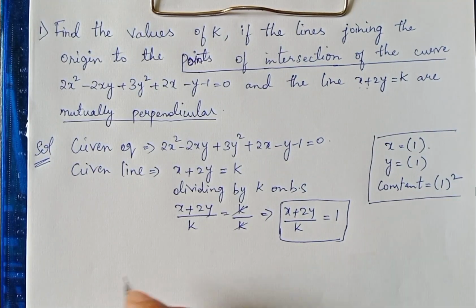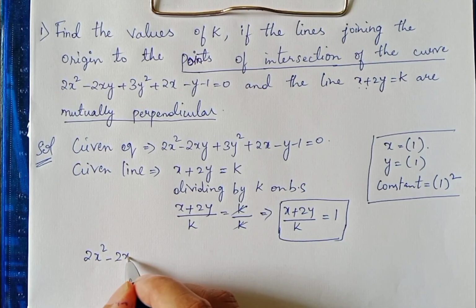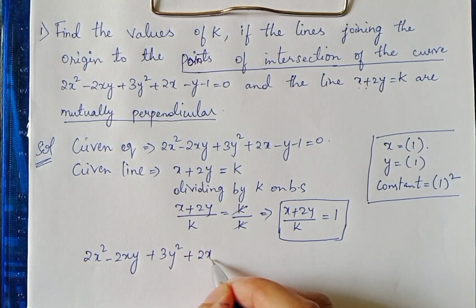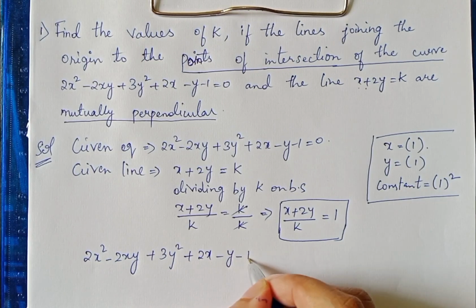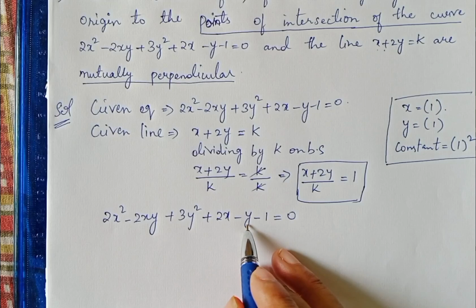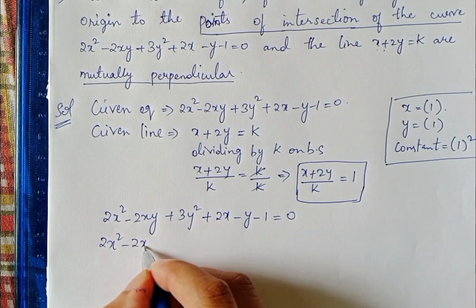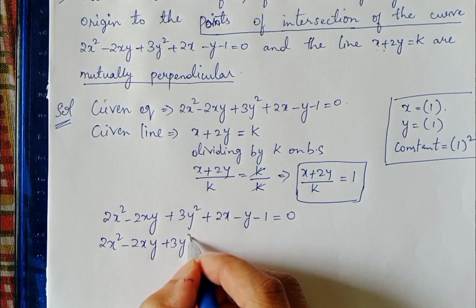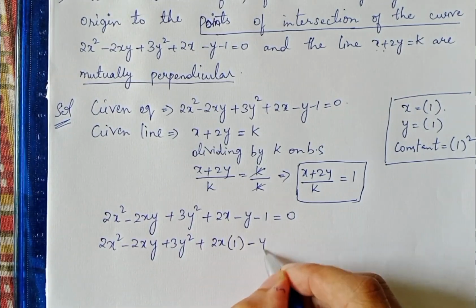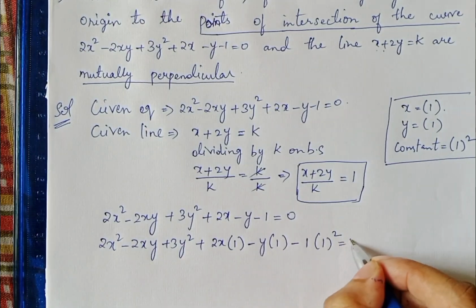So our equation is 2x square minus 2xy plus 3y square plus 2x minus y minus 1 equals 0. Here we have the x term, y term and the constant. We write the same, and for the x term we multiply by 1, the y term by 1, and the constant by 1 square.